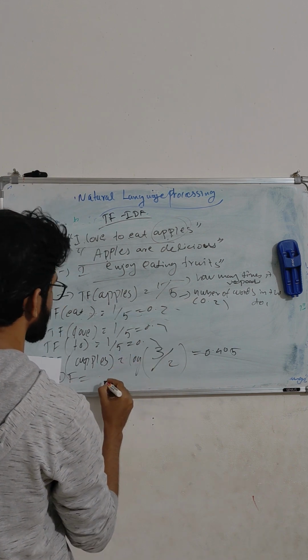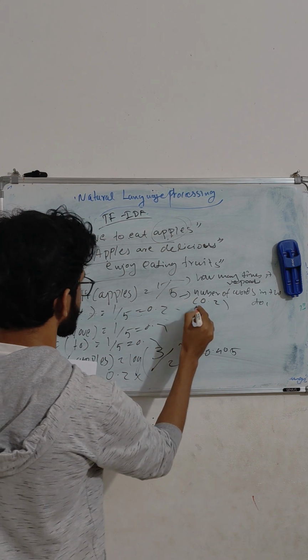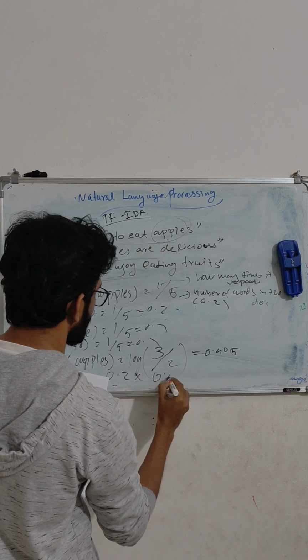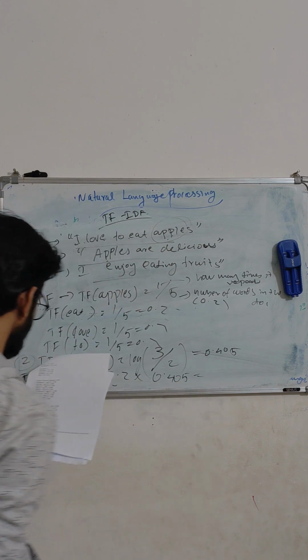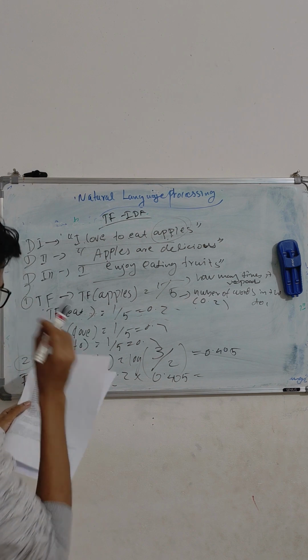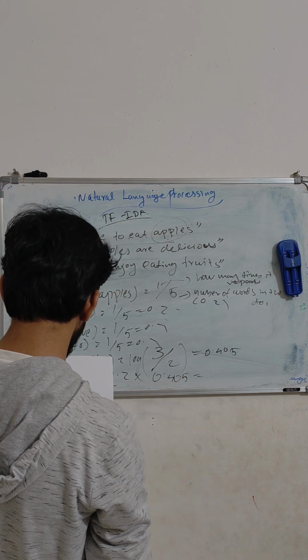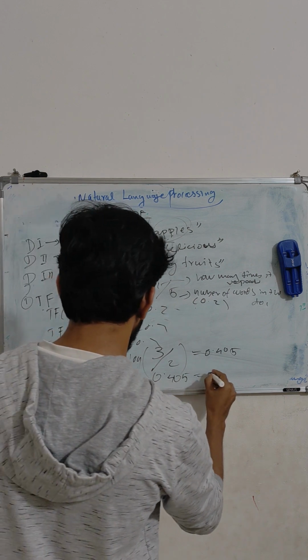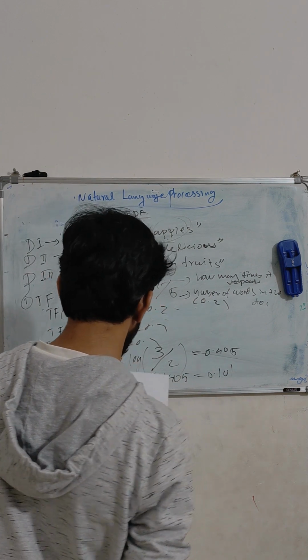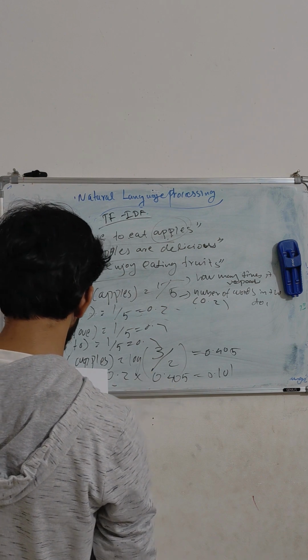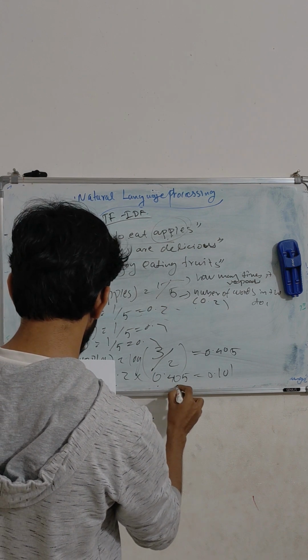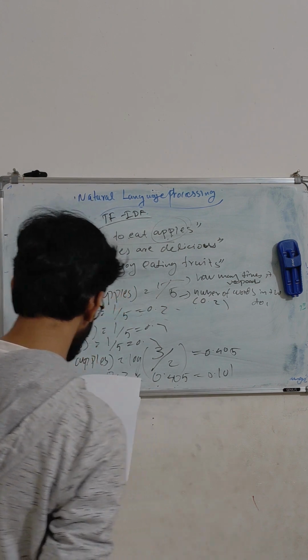Just multiply the TF, 0.2, with 0.405, which is log 3 by 2. That's 0.2 multiplied by 0.405.